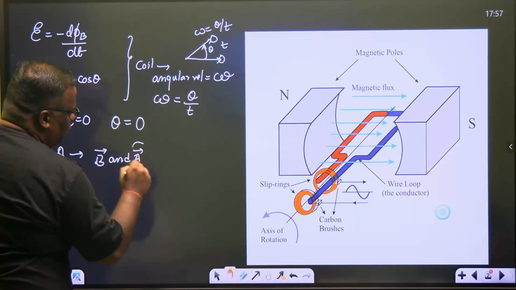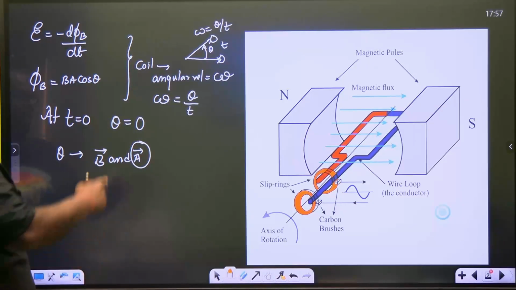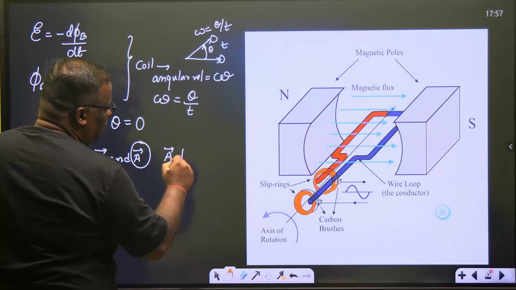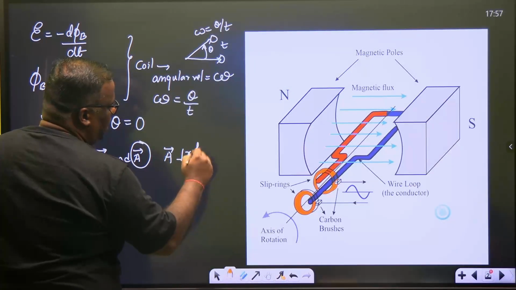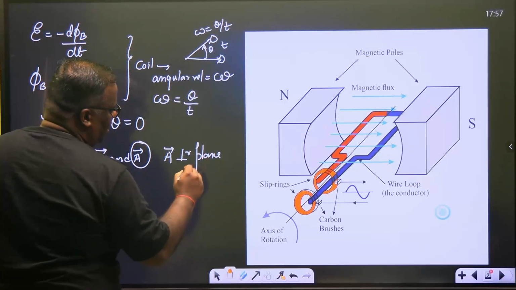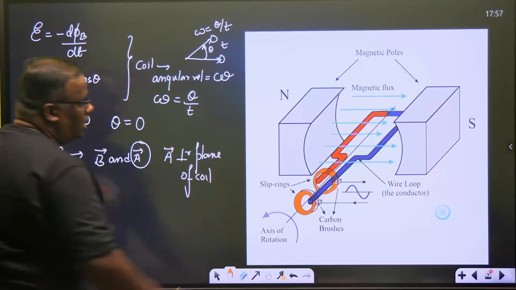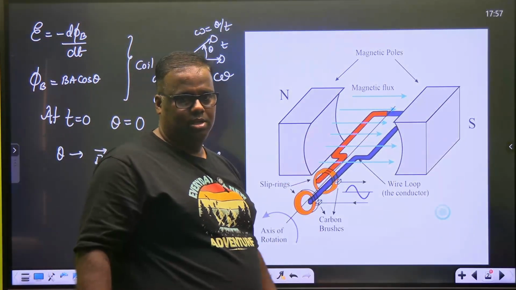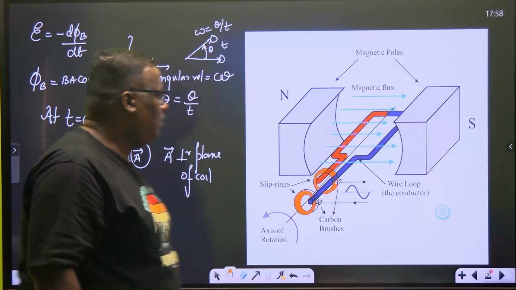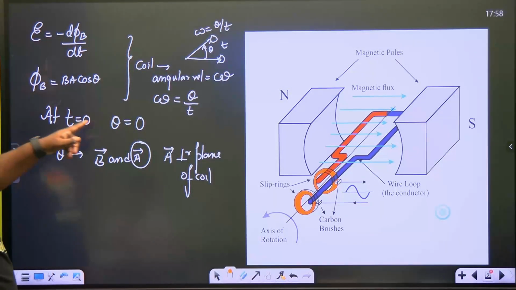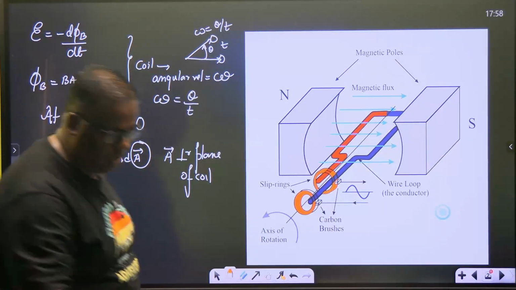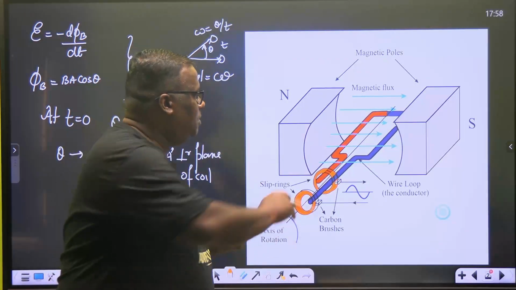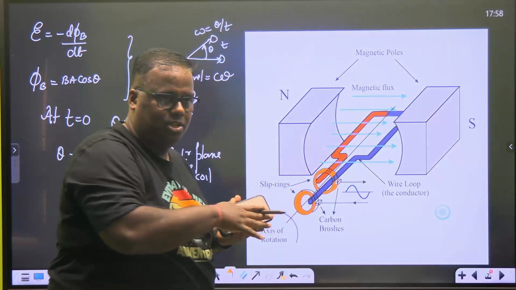The A vector we should know a little bit more nicely. The A vector is always perpendicular to the plane of the coil. That means if you look at this figure, the A vector will be perpendicularly outside. Have you understood? So when we are saying that at t equal to 0, theta equal to 0, look here children, the magnetic field is going in this direction, right?